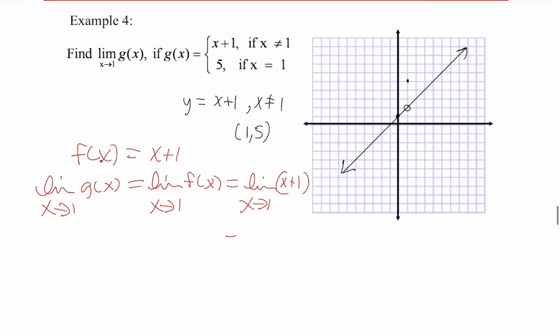So the answer is 2. Now, if I look at g of x, it's hard to see that it's 2. Or you can remember rules of limits say, I don't care what's happening at 1, I care what I'm approaching. If I plug in 1 to this and ignore this, I'm going to 2. So if you use logic, both things will get you to 2.